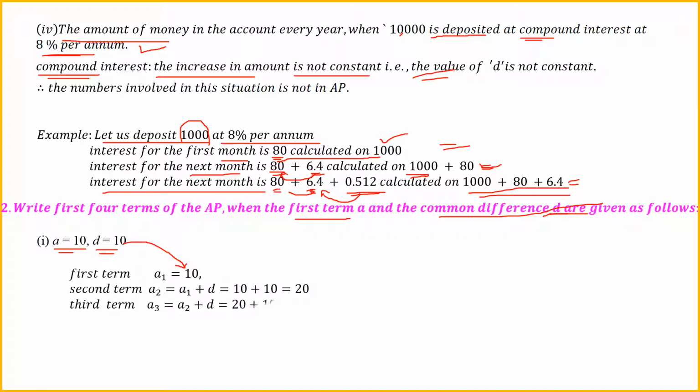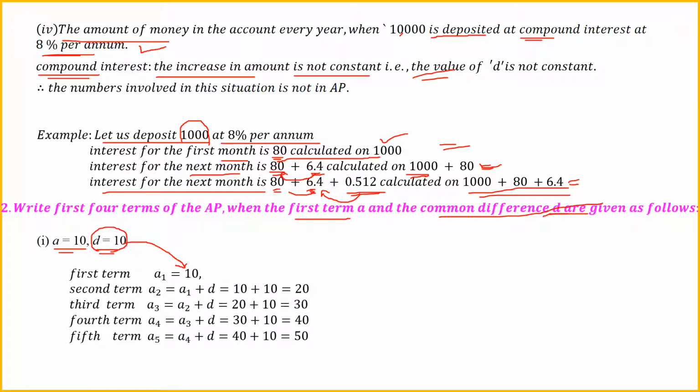So it's 10 plus 10, 20. Add 10 to 20, you get 30. Add 10 to 30, you're gonna get 40. Add 10 to 40, you're gonna get 50. According to the definition, add the difference to the preceding term. Here A5, that is the fifth term, is 50. If I want the sixth term, add the difference to the fifth term to get the next term.